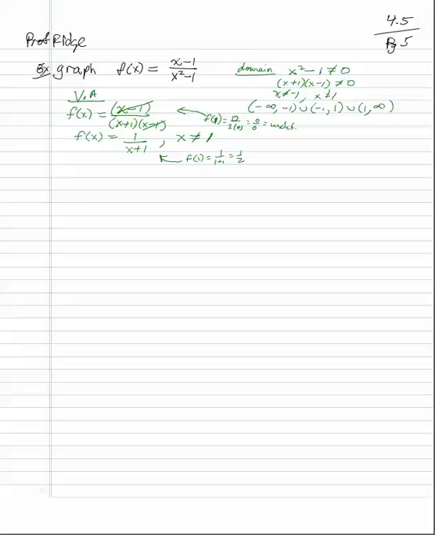And so what's going to happen is we're going to have a vertical asymptote at the one that didn't cancel, x equals negative 1. And we're going to have a hole at x equals 1, and then you plug 1 into the reduced function, which would be 1/2. So we're going to put in our dashed line through x equals negative 1.